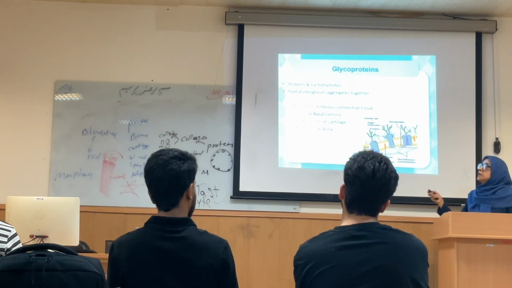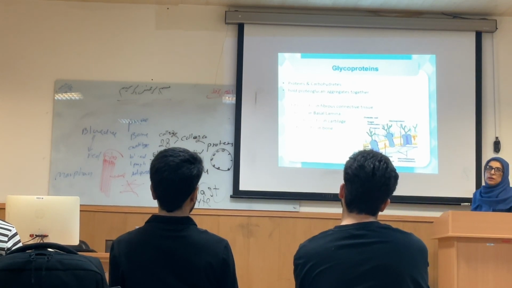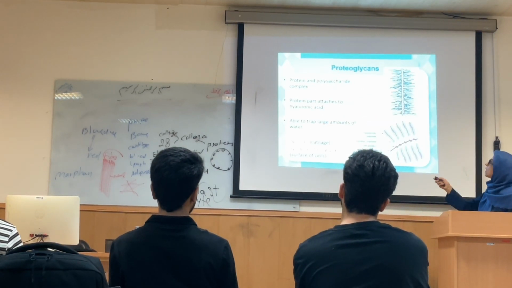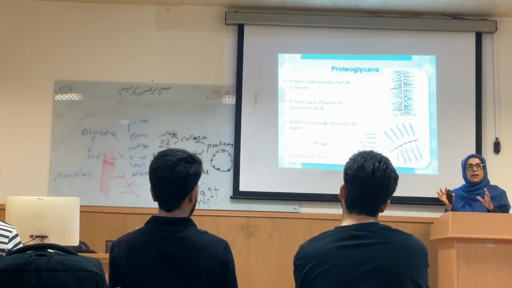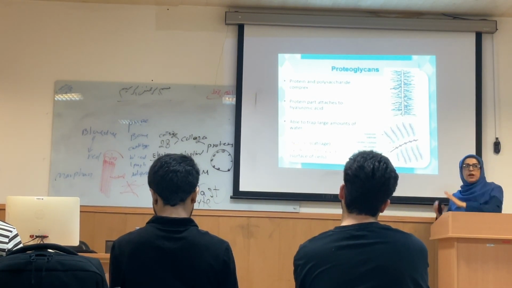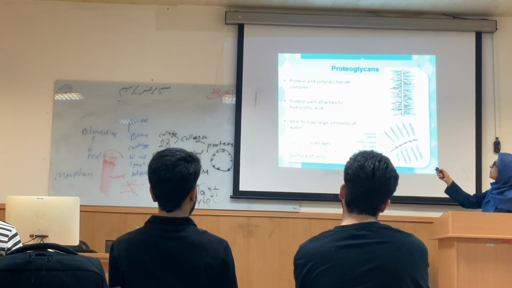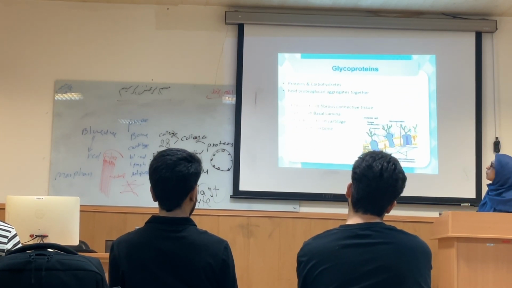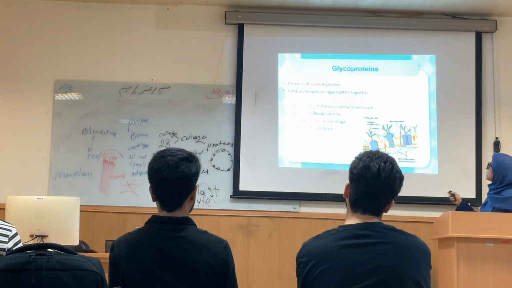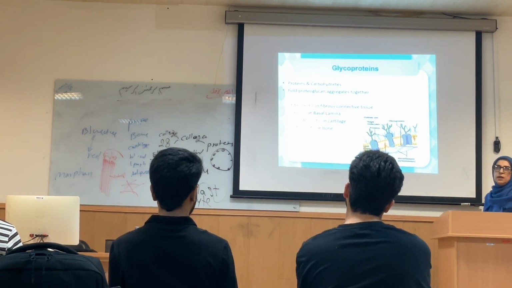Glycoproteins: the proteins are more. Both of these are combinations of protein and carbohydrate. In proteoglycans the GAGs or carbohydrate are more, and in glycoproteins the proteins are more. Some carbohydrate chains are attached to the proteins.